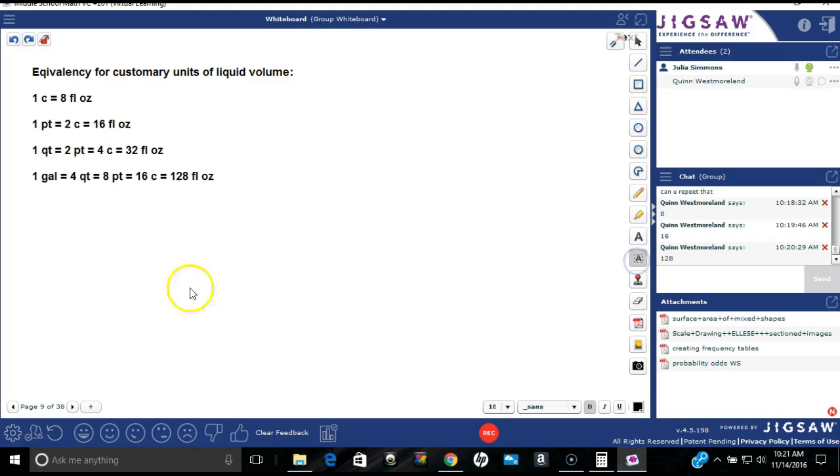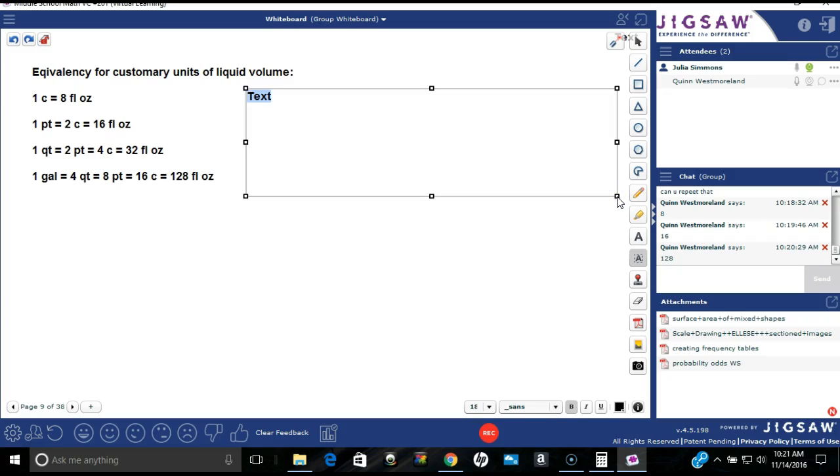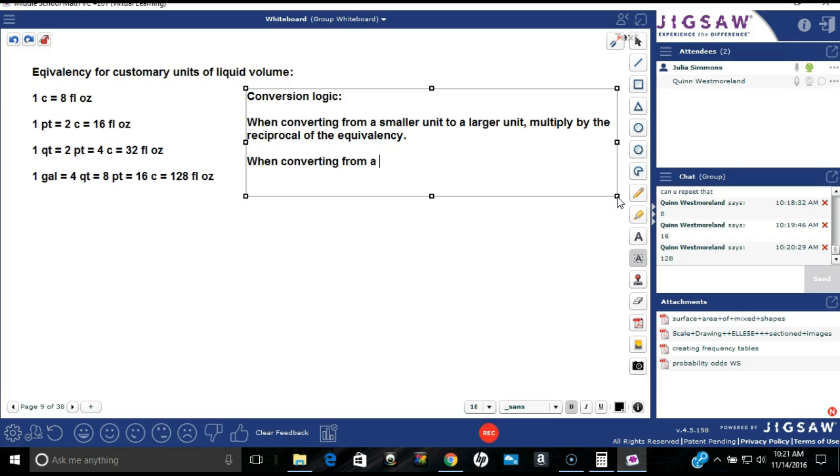And then we also have to talk about the logic between conversions. When we studied customary units of length, the conversion logic stated that when converting from a smaller unit to a larger unit, multiply by the reciprocal of the equivalency, and when converting from a larger unit to a smaller unit, multiply by the equivalency.